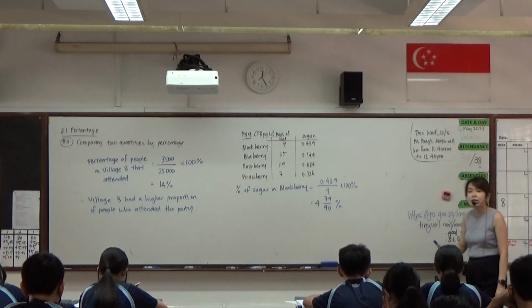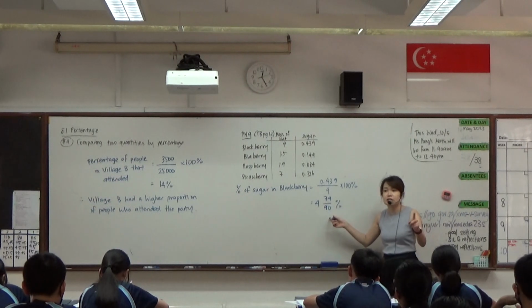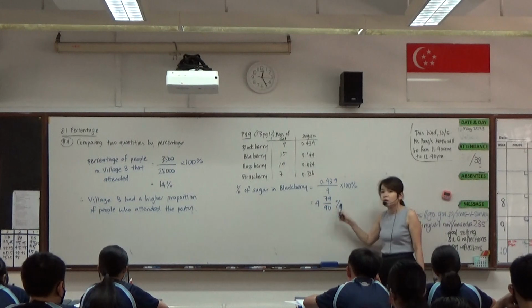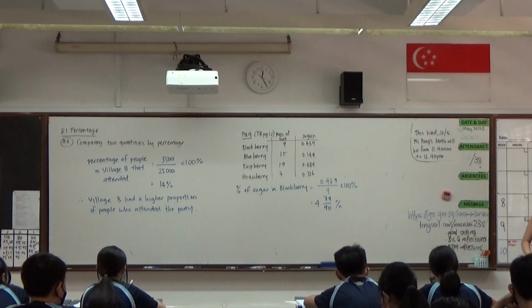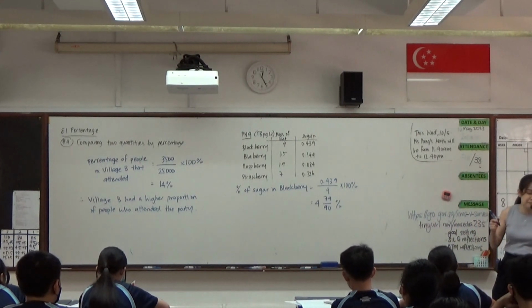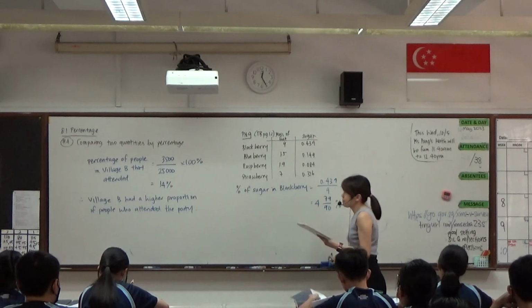A reminder that we should always give our answer exact when possible. So I strongly suggest that you press your calculator and check whether you can get this number or not. Don't always rely on me to give you the correct answer. Then we do the same for the percentage of sugar in blueberry, raspberry, and strawberry.